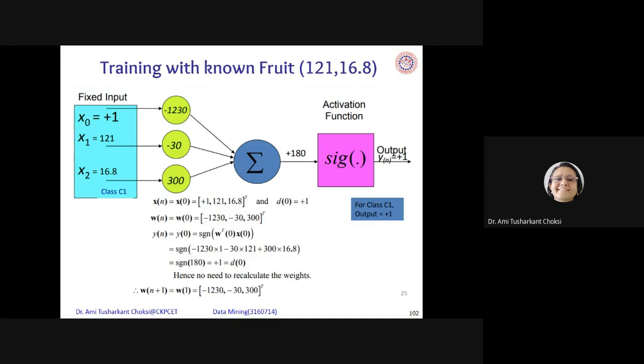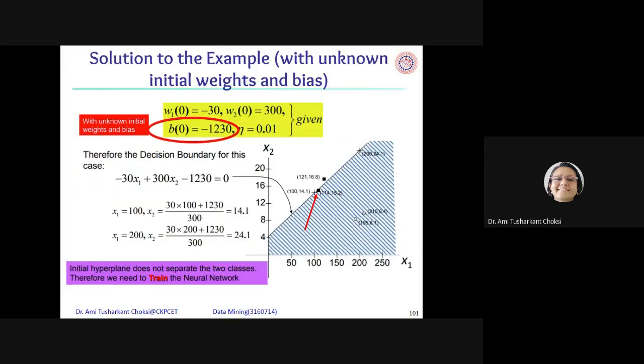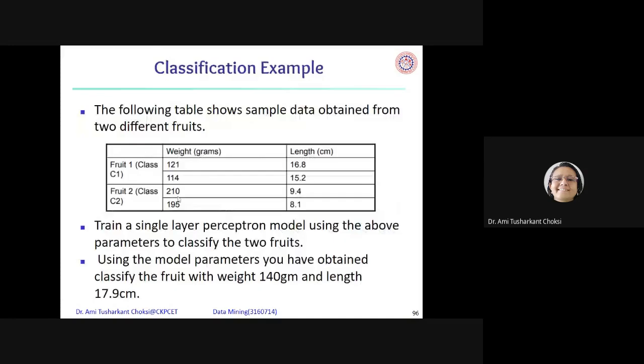So the figure we are drawing has x1, x2 and x0, that is the plus 1 fixed bias. Now here this 121, 16.8, what is that? It is already given in the problem table, right? Data, you remember the data, right? This table is there.